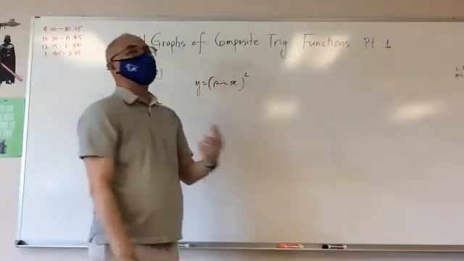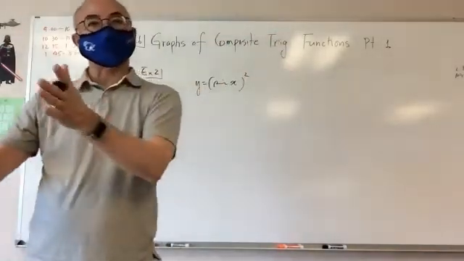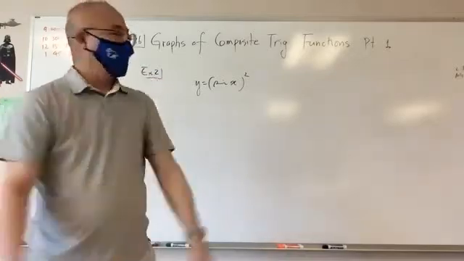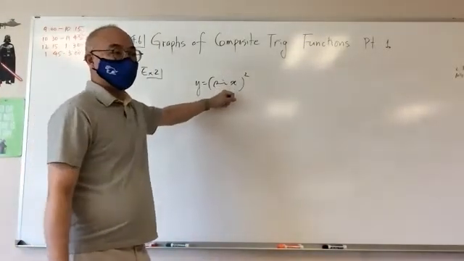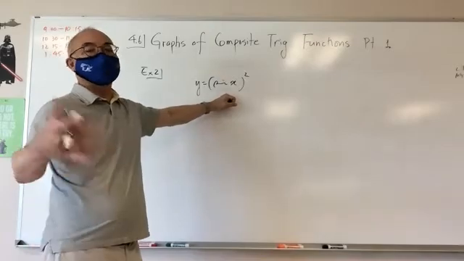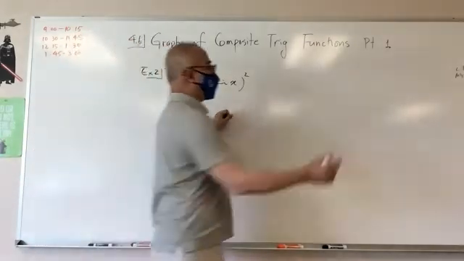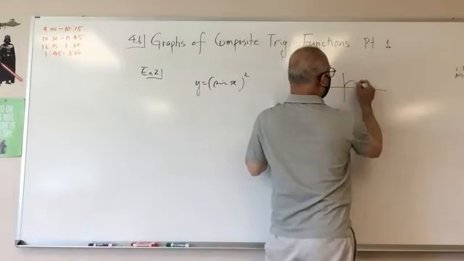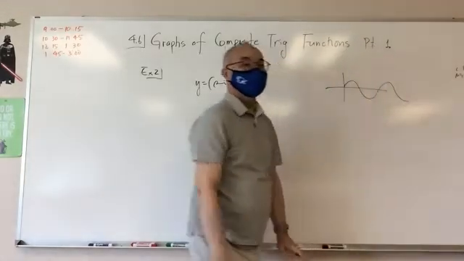So what does it mean to be periodic? It means that every period, it replicates itself, right? If we assume that this period is going to be 2 pi, because y is equal to sine x replicates itself every 2 pi, okay?